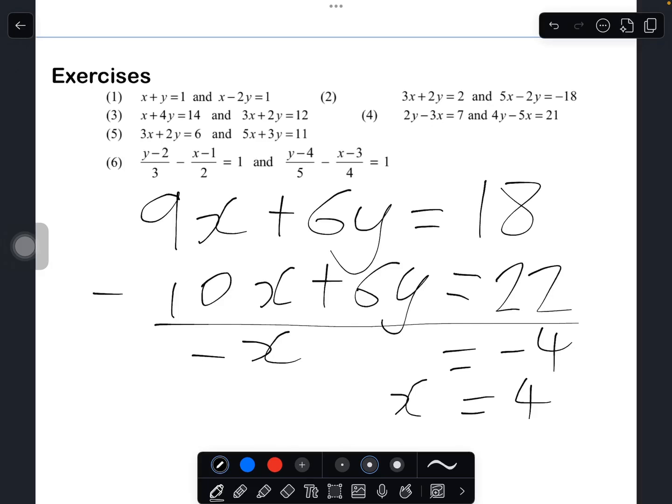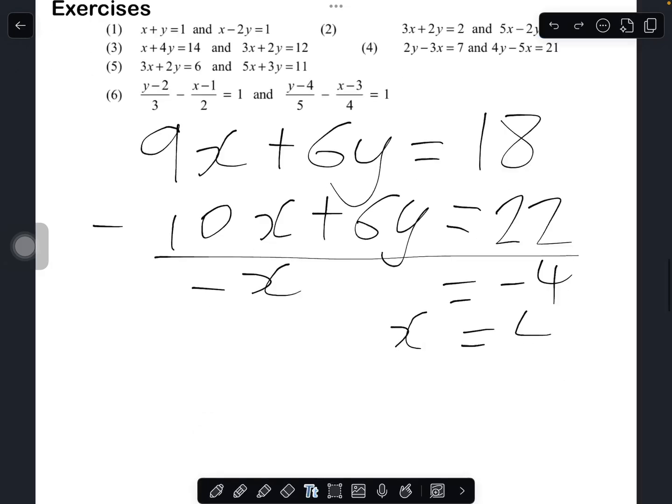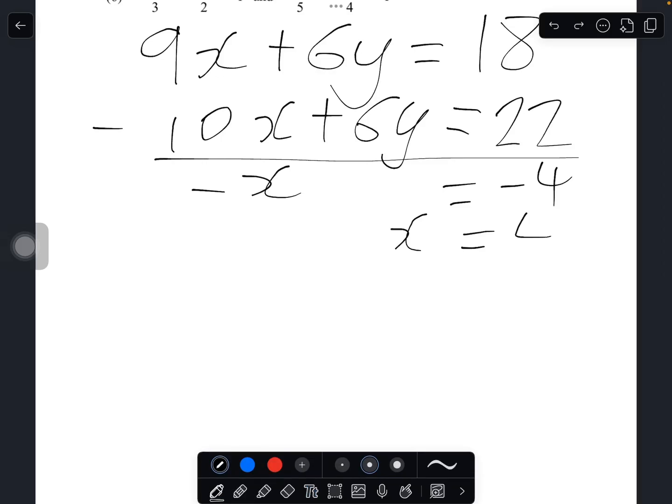Now that we know that x equals 4, we can then substitute this x into one of our equations. We can even substitute it into the equation where we multiplied all our terms. Because when you have an equation, let's say we have 3 equals 3. This is an equation because it's an equal side.